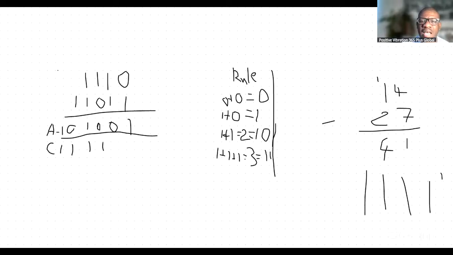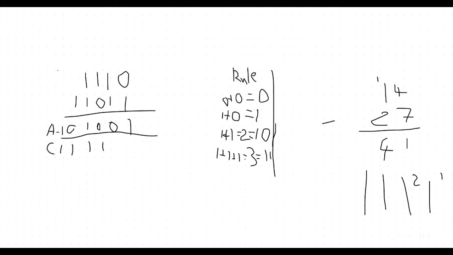Deandra, remind me, after 2, what do we get next? 4. Good. And after 4, we get? 8. Very good.